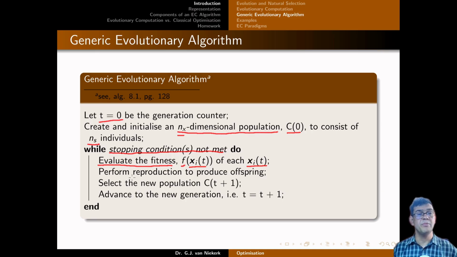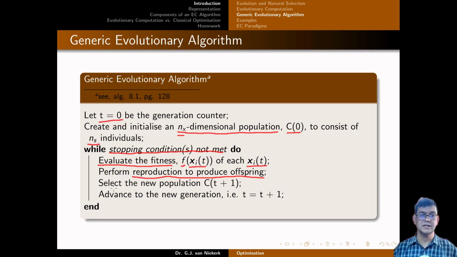Then you perform reproduction to produce offspring. So this reproduction phase, of course, will select parents in some way, either through probabilistic ways to determine which is the fittest, and those get a higher probability to be selected. It could be random, but the point is you select parents and you create offspring.